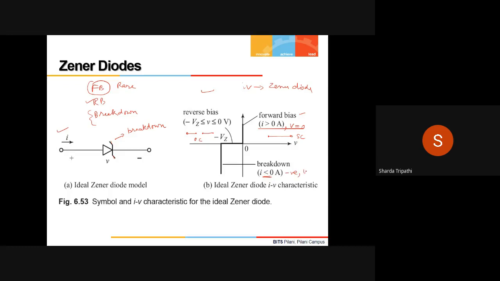And what about the voltage across the diode? In this condition, it will be equal to the breakdown voltage of the diode, that's Vz. So if in a circuit I see a Zener diode operating in the breakdown region, I replace that Zener diode with a DC voltage whose value is equal to Vz.